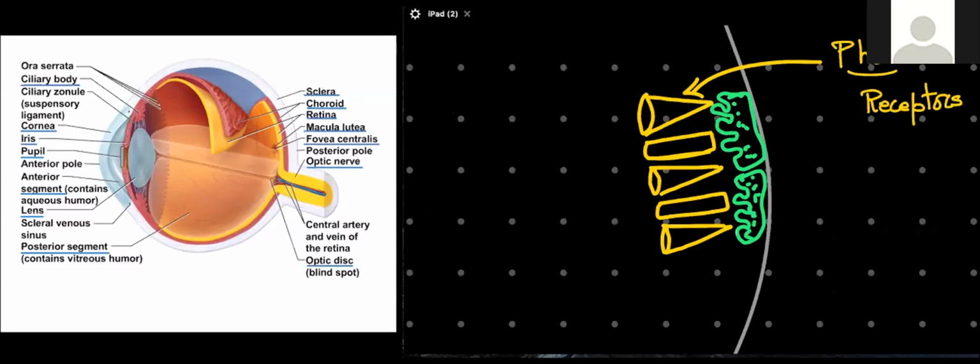And again, how many types of photoreceptors, main types of photoreceptors do we have? We have ones that look like cones and ones that look like rods. So we've got the rods and cones.